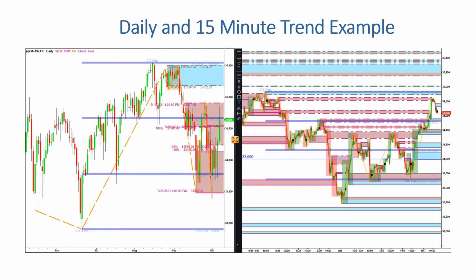And then here's an example of the daily and 15-minute. And you can see here that this is where you are on the 15-minute. So you're kind of middle to high in that range.